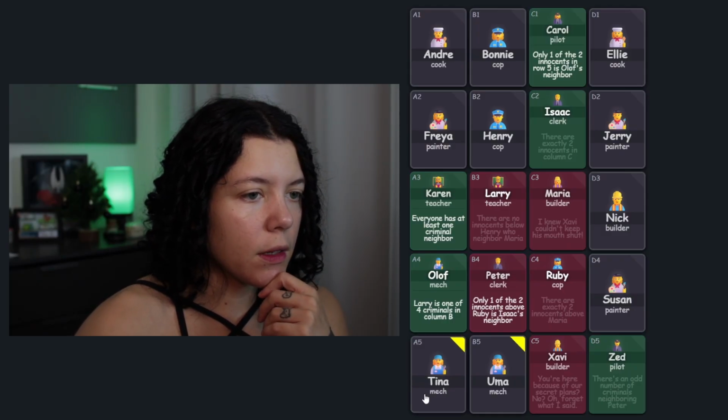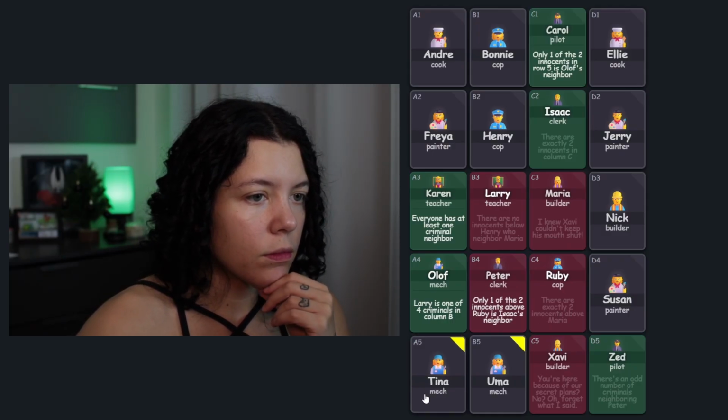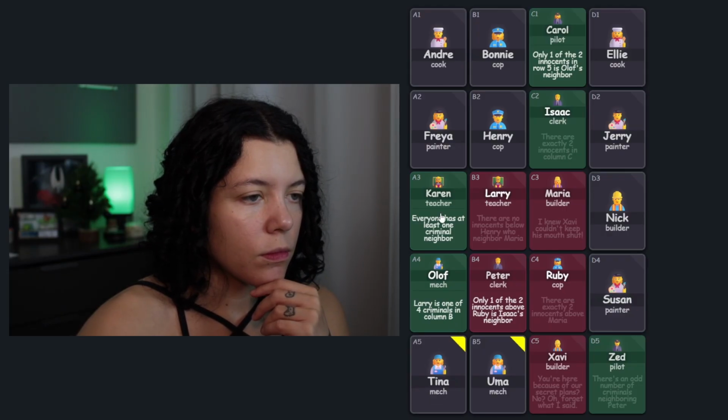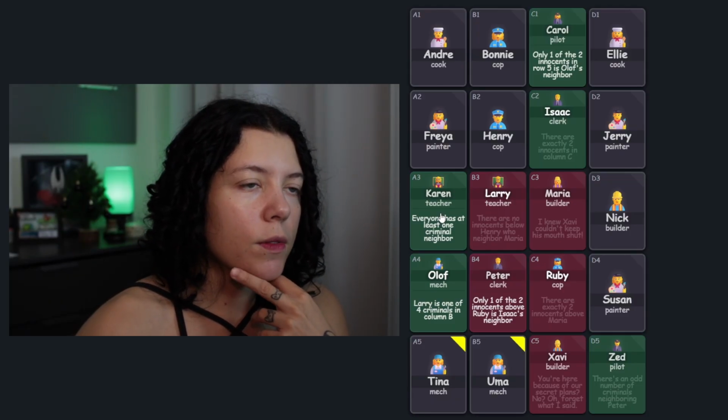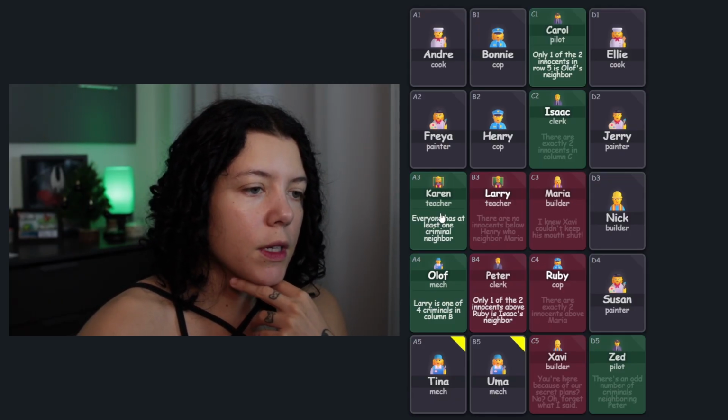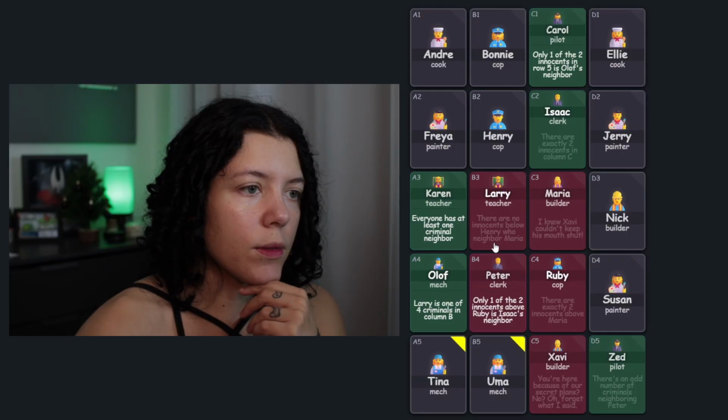Couldn't be Tina? What am I not seeing? Only one of the 2 innocents in row 5 is Olaf's neighbor. That's okay. No innocents below Henry who neighbor Maria.